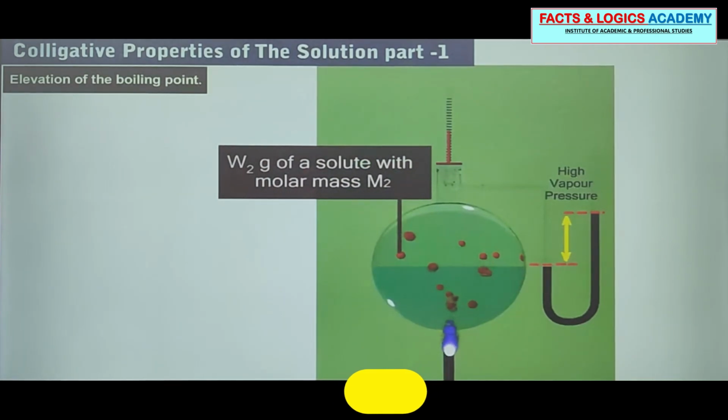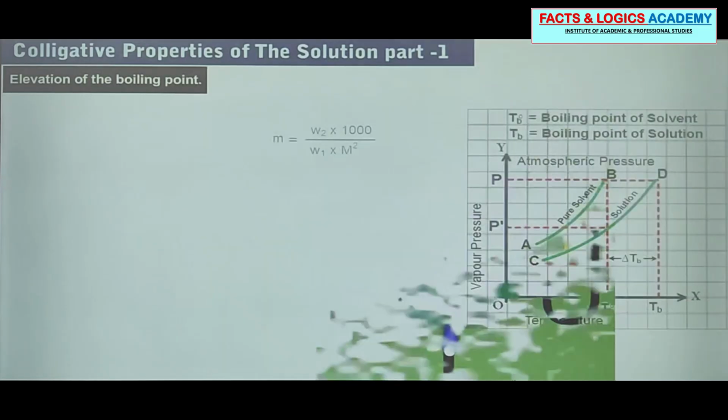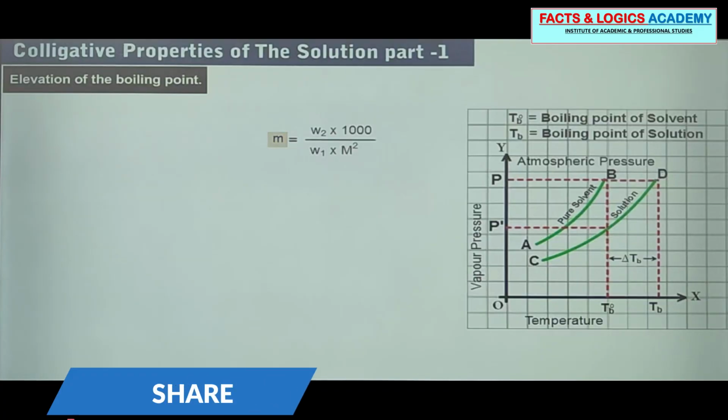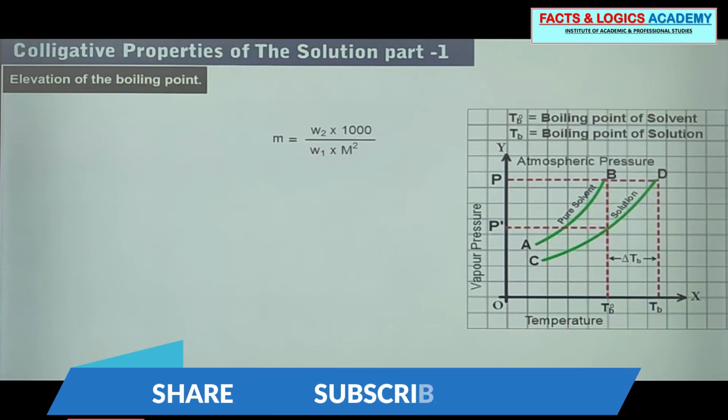If W2 grams of a solute with M2 molar mass is dissolved in W1 grams of a solvent, then molality m of the solution is given by W2 multiplied by 1000 divided by W1 multiplied by M2.